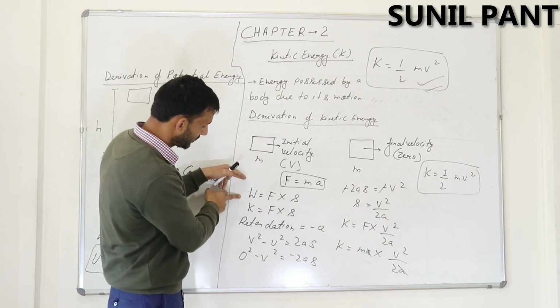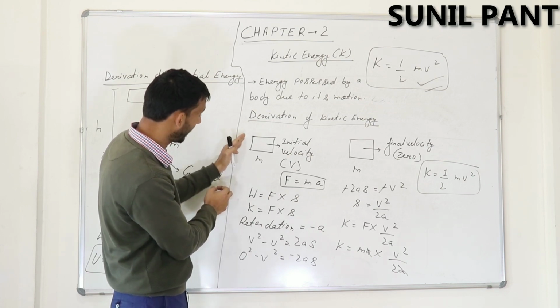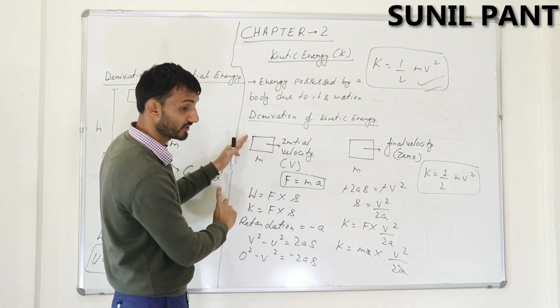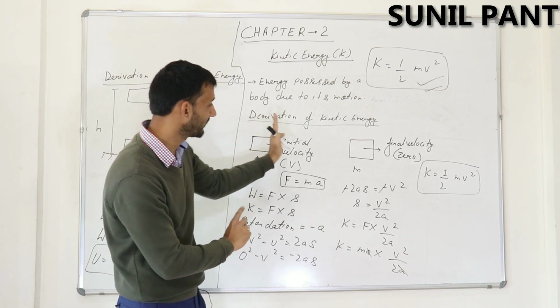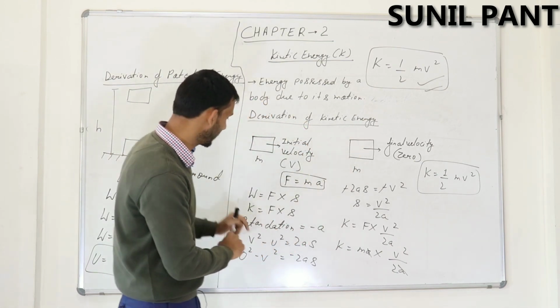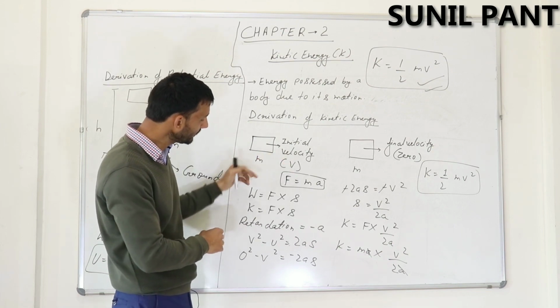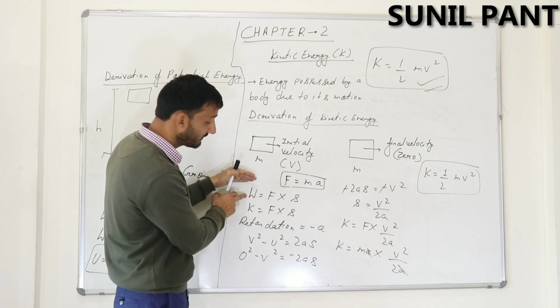Now, where will this work go? When a force was applied and the object displaced by s from its initial position, moving with initial velocity v, the work is F into s, where F is the force applied on the object. So where will this work go?